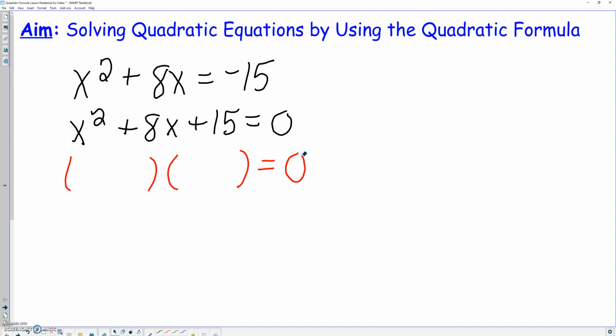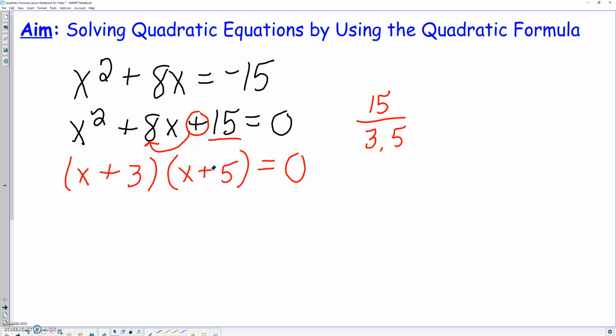Here we're looking for numbers that multiply to 15 and add to 8. The numbers that multiply to 15 and add to 8 are 3 and 5. So I'm going to set up my parentheses as x with a 3 and x with a 5. The signs in the parentheses are both the same, and they're both going to be positive.